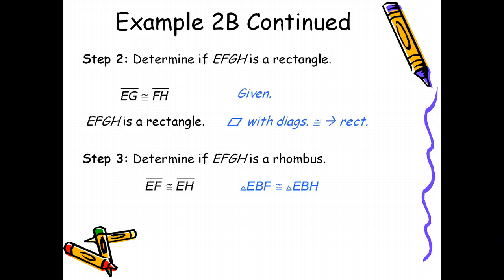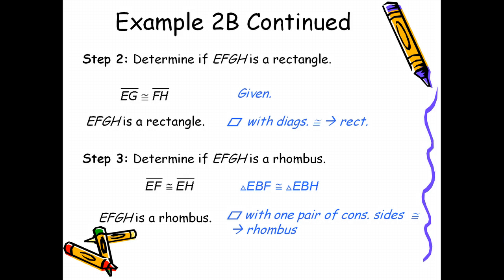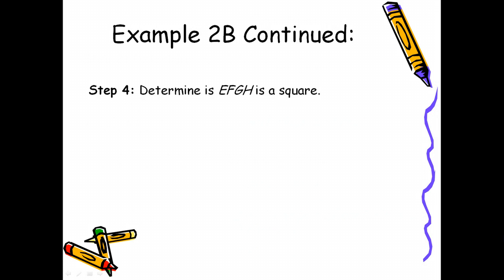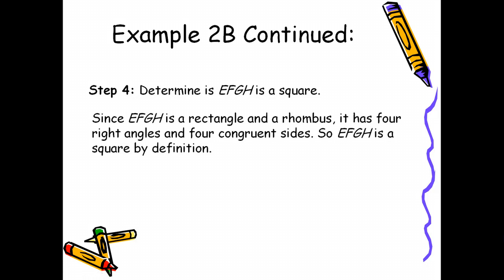That means that EF is congruent to EH. And a parallelogram with one pair of consecutive sides congruent is a rhombus. So EFGH is a rhombus. We want to decide now, is it a square? Well, since EFGH is a rectangle and a rhombus, it has 4 right angles and 4 congruent sides, so EFGH is a square by definition. The conclusion is valid.